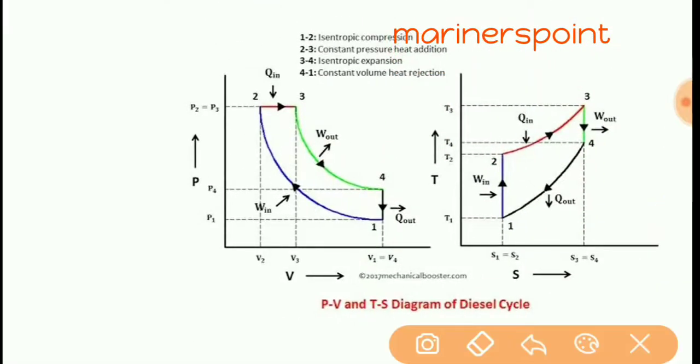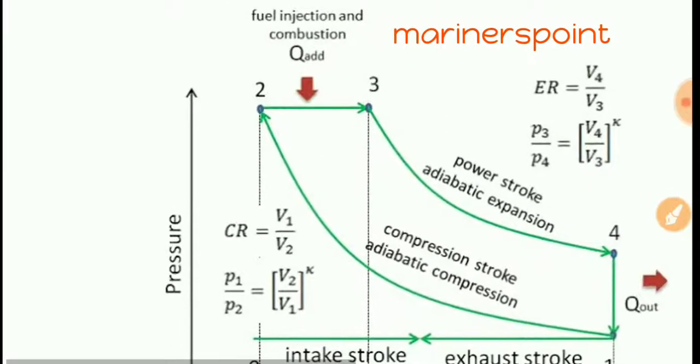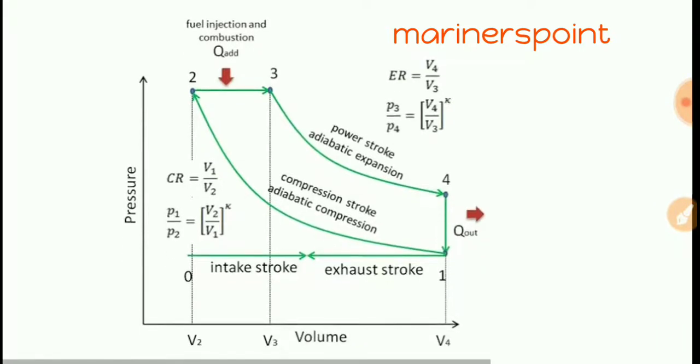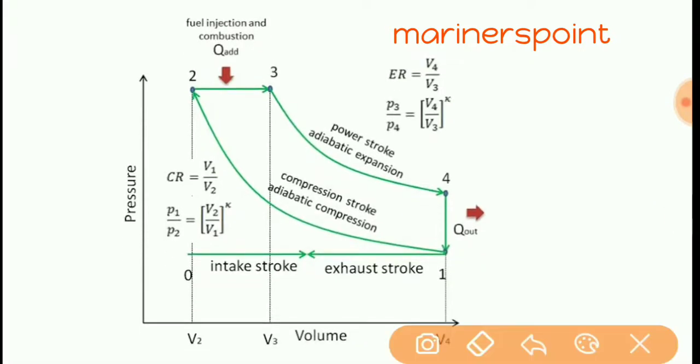where entropy is fixed. You can see 1 to 2 and 3 to 4, where the isentropic process takes place, at that time entropy will be fixed. Now what is compression ratio and what is expansion ratio? You can easily see the compression ratio is V1 by V2.